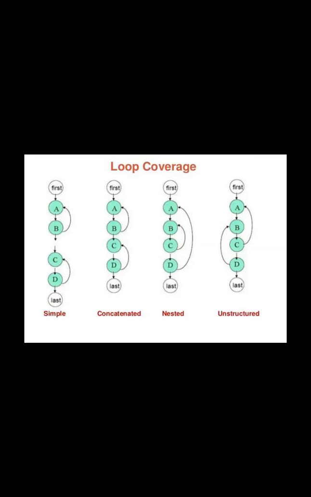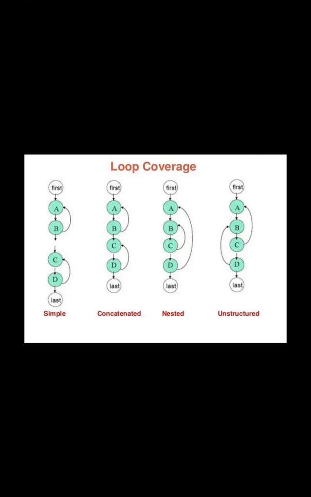Concatenated means adding two different functions put together. And here we have nested. Nested in the sense we have the inner loop from C to B and outer loop from B to A. So once the inner loop is completed, then it will come out to the outer loop. So it means that it is nested, or two for loops nested inside.